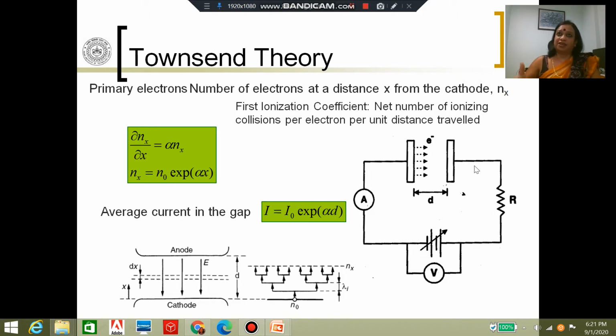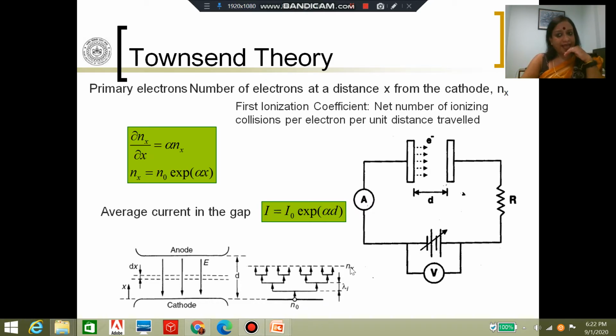Of course, we have learned that there are various kinds of ionizing collisions which are possible. We will assume here that every primary electron results in the production of one more electron and a positive ion. So from the cathode, let's say one electron begins, it gives rise to two electrons through collision. Each of these electrons will give rise to two each, and so on, so that the number of electrons will continuously multiply.